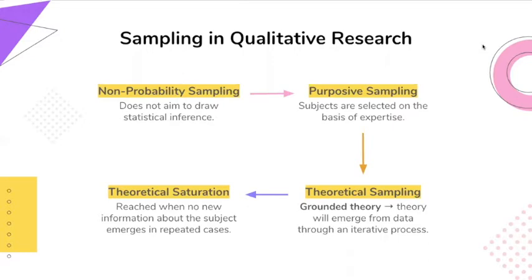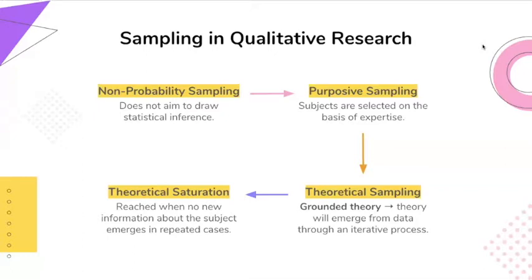So basically, theoretical sampling or grounded theory involves the continuity of data collection until we reach theoretical saturation.